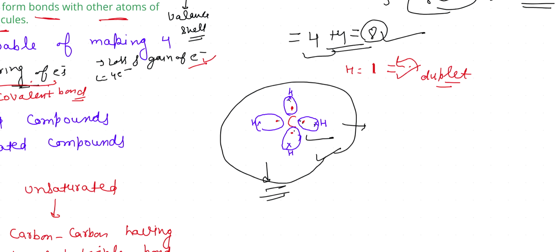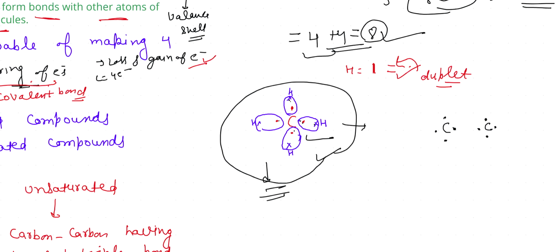Here, such as another example which contains 2 carbon atoms. Here, there are 4 electrons a carbon has in its valence shell. So I am representing these electrons around the carbon atoms. Now there is also bond formation with the hydrogen.